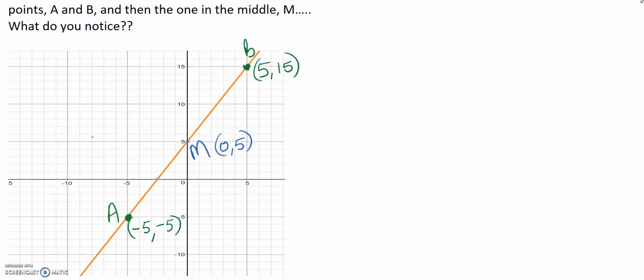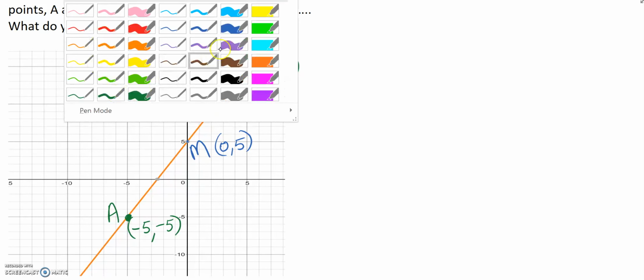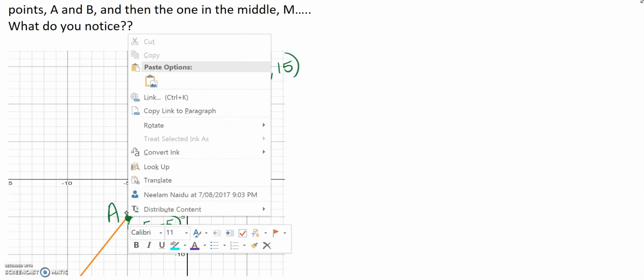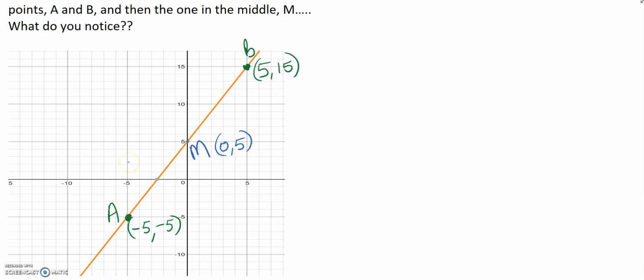Now what we're going to do is look at it using a little triangle. Let's look at the vertical distance. From point A, if we want to go up to point B, that's the vertical distance.